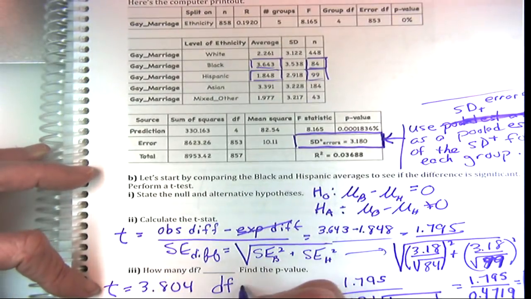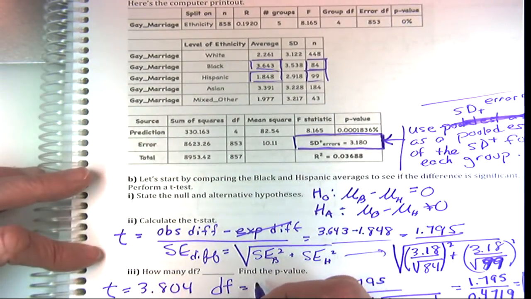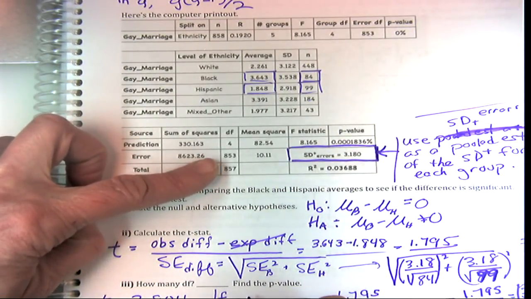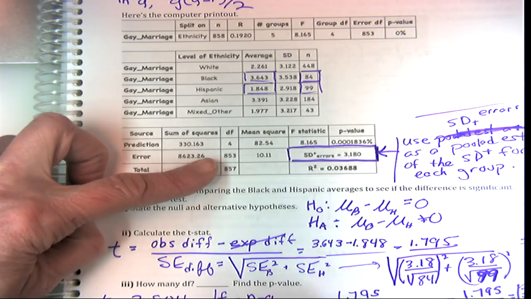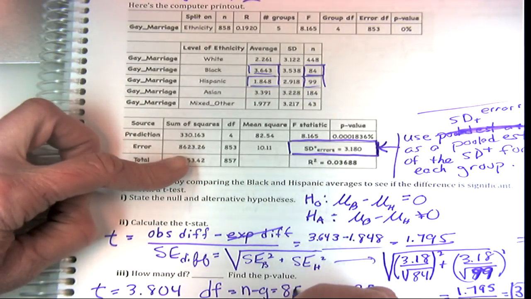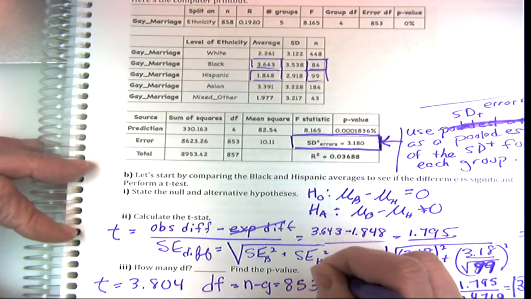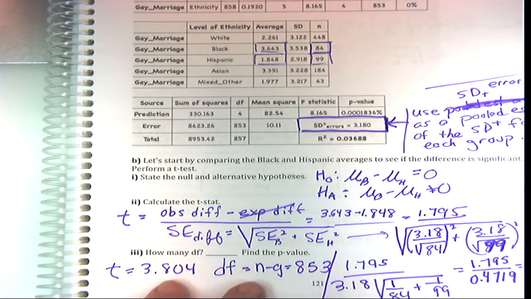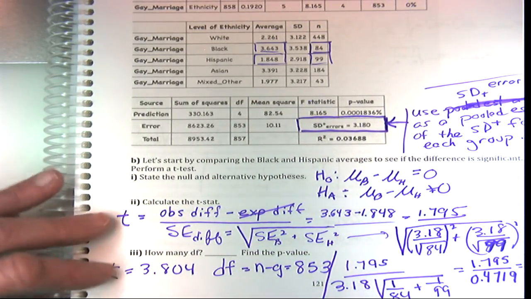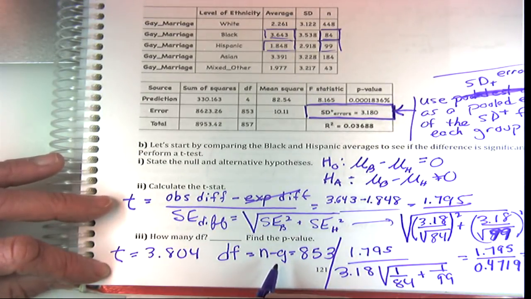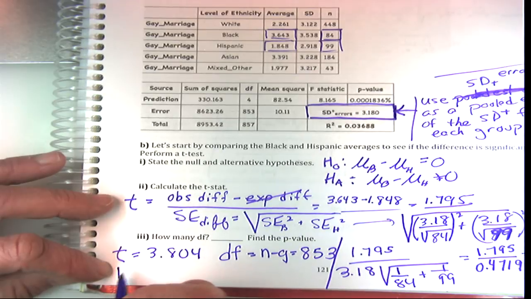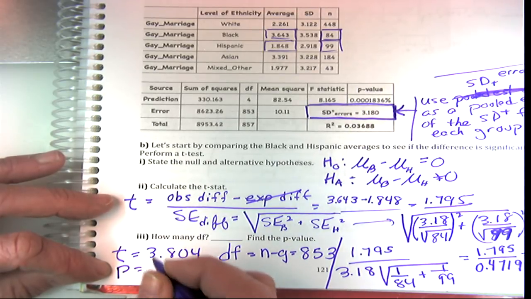So the degrees of freedom is n minus g, which is equal to 853. Then we just have to look it up, so let me tell you what I got for this p-value. I got a tiny, tiny p.